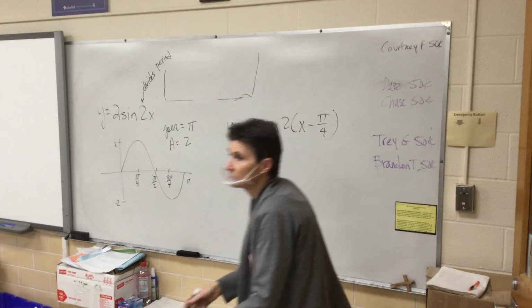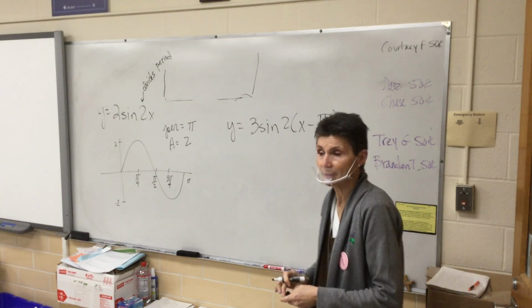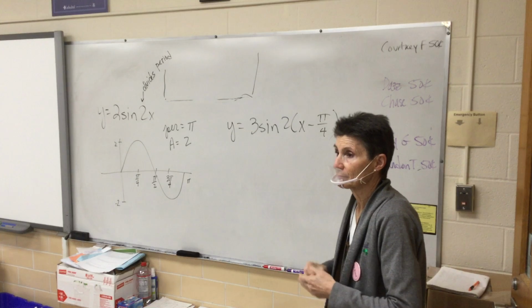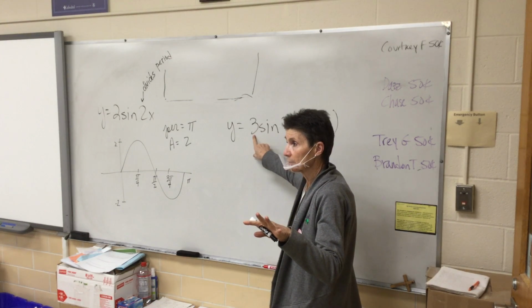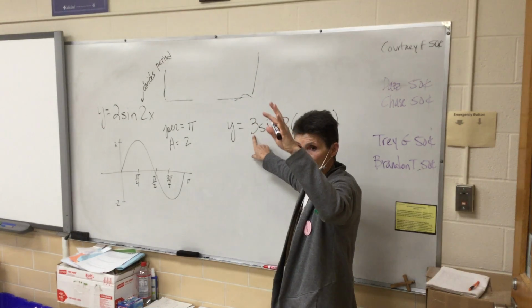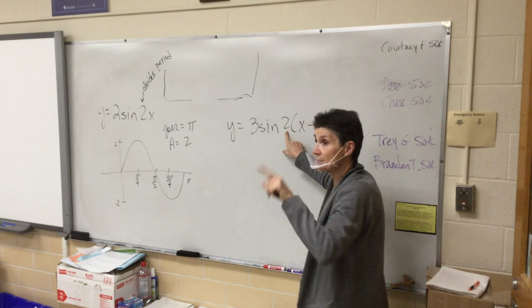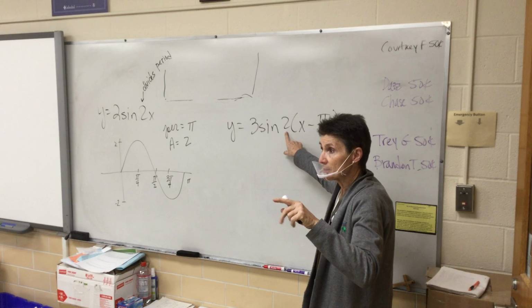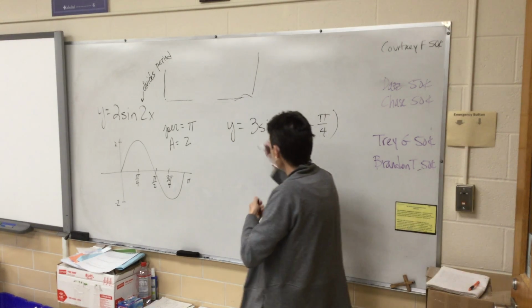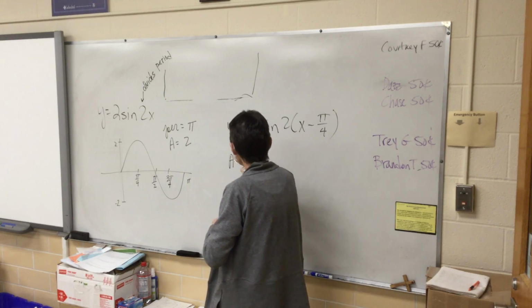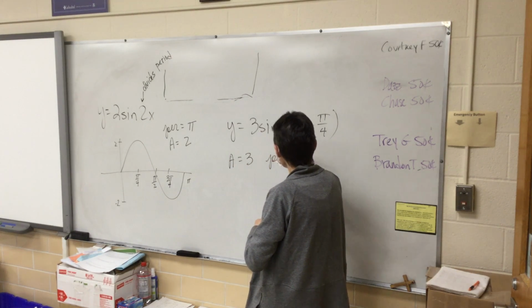What do you think's happening? Well, we know what this does. What does that mean? 3 times as tall. Okay. We know what this does. This divides the period, right? So I can tell already my amplitude is going to be 3 and my period is going to be pi.